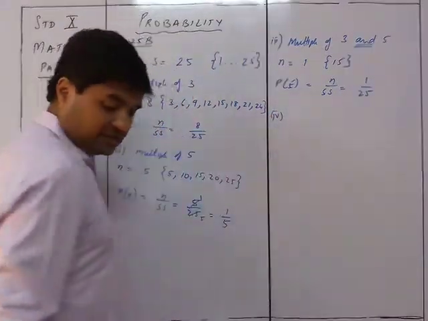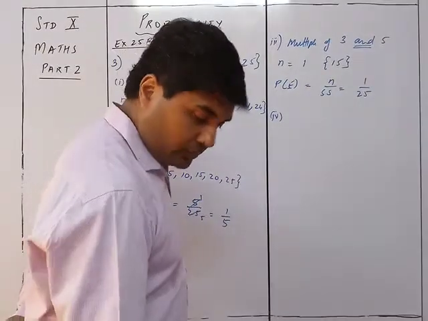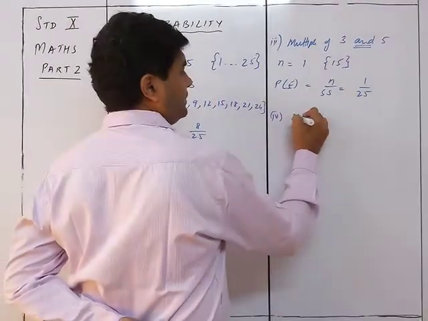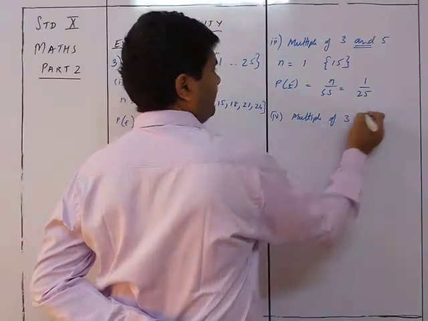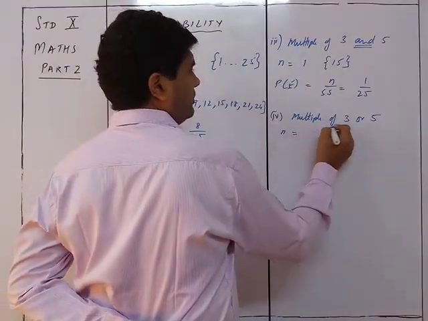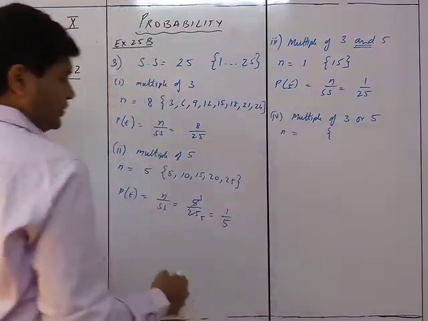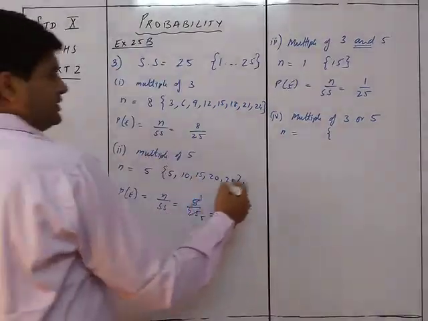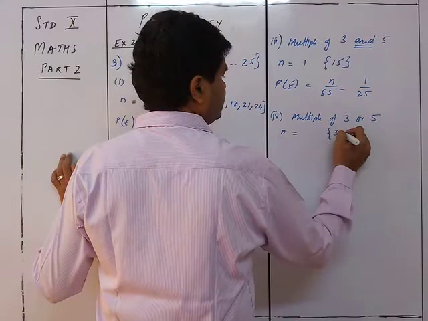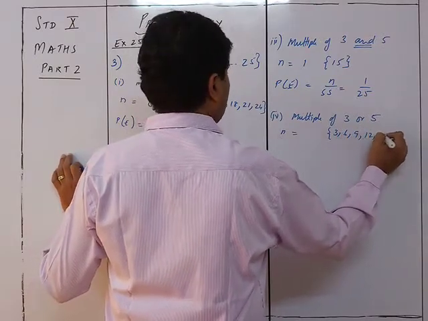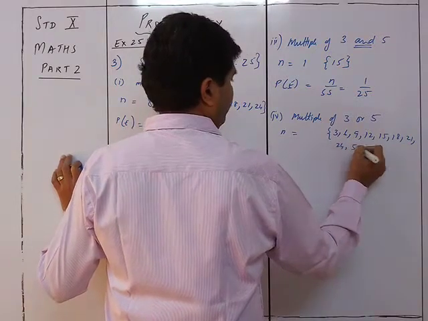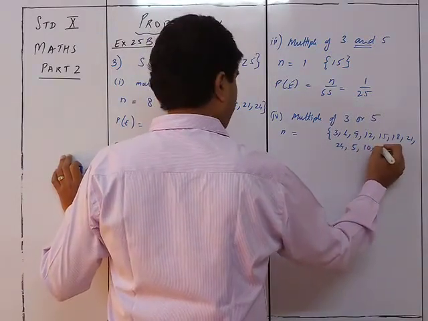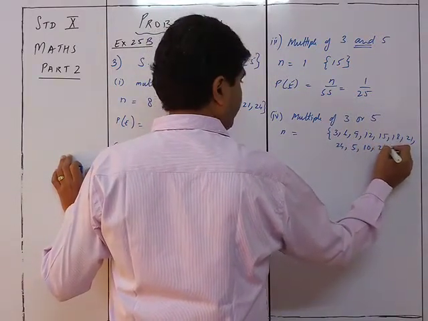Fourth one is a multiple of 3 or 5. So n will be equal to the union of both of them. So it will be all the numbers of this and all the numbers of this: 3, 6, 9, 12, 15, 18, 21, 24, 5, 10, 15 is already counted, 20 and 25.